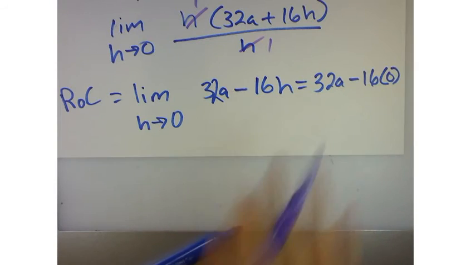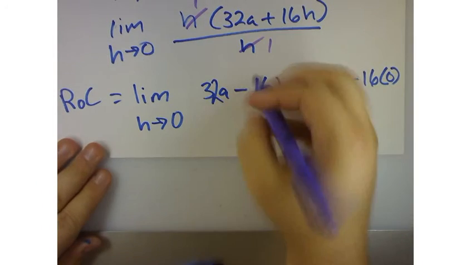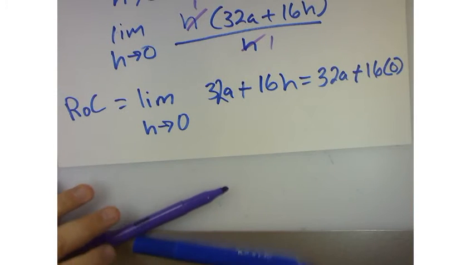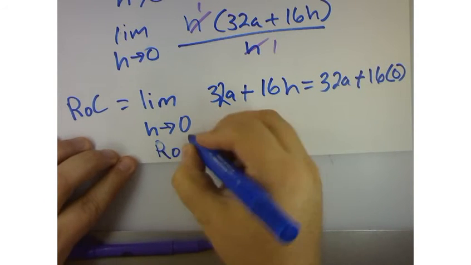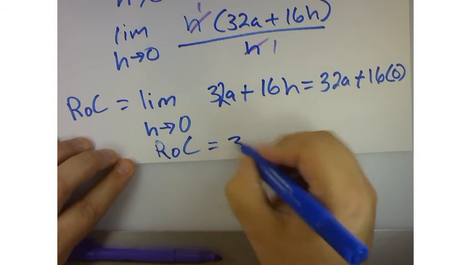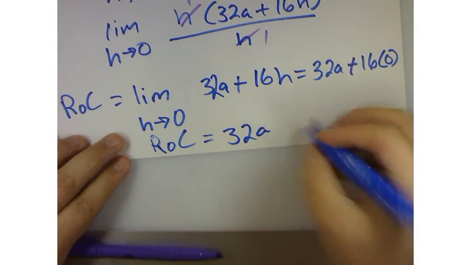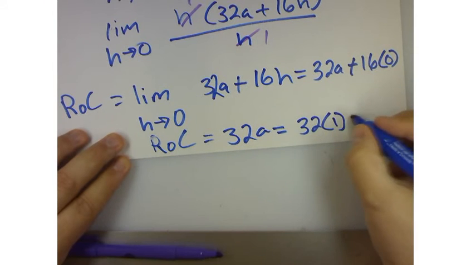So what does that equal? Wait, why is it minus? Oh, it should be plus. So then what I'm saying is that my rate of change should be 32 times a. But what did we say a was? One, way back at the beginning. So it should be 32 times 1, or 32.